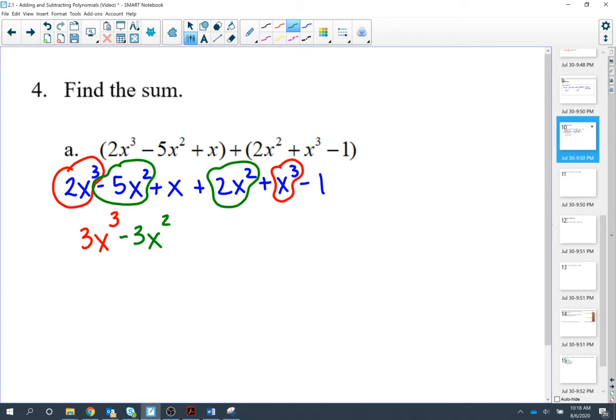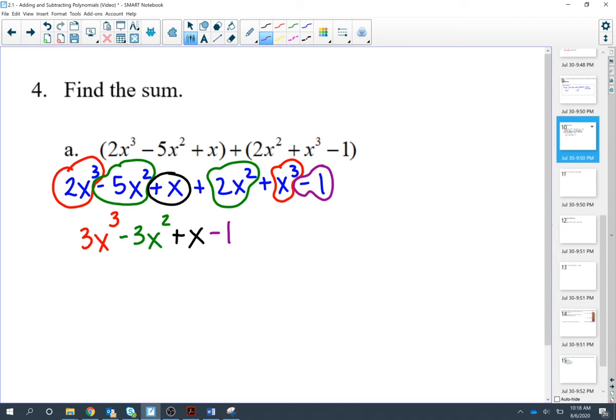Notice that the x squared doesn't change, it's just the coefficient in the front. You're just taking negative 5 plus 2. Then I'm going to find my next one, which would be an x. Do I have anything else with just a plain x on it? The answer is no, so you just drop it down. And last but not least, I've got a minus 1. That's a constant. Do I have any other constants? The answer is no, so you drop it down.